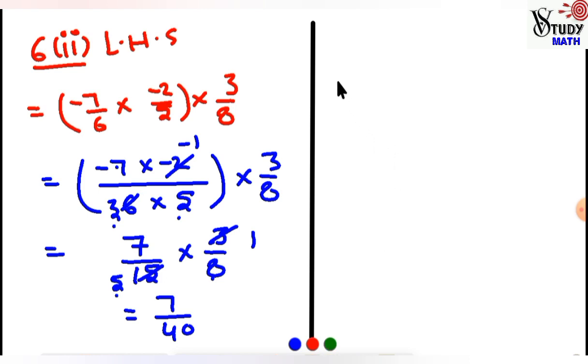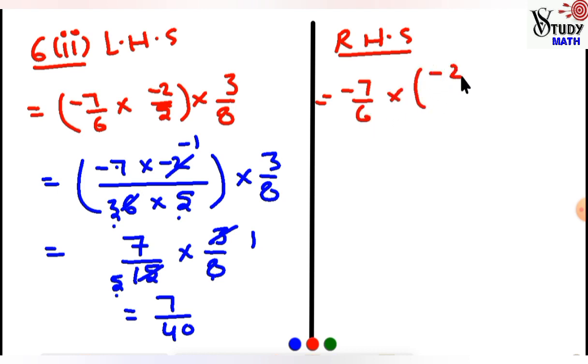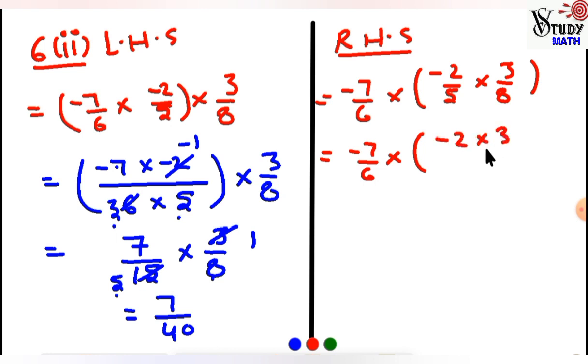Now take the right hand side. The right hand side is given here: negative 7 by 6 multiply (negative 2 by 5 going to multiply 3 by 8), that is negative 7 by 6 multiply (2 going to multiply 3 and 5 going to multiply 8).